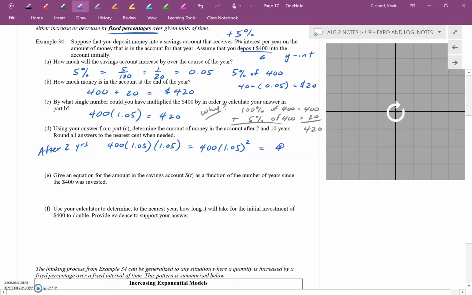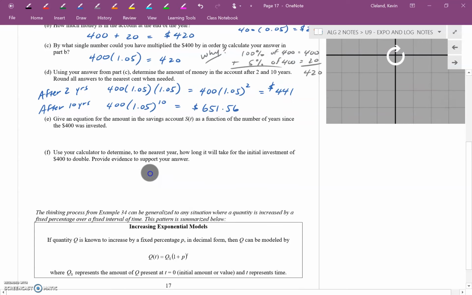So that's going to get us 441. Go ahead and test those out. Make sure that you understand, or you don't just take my word for it that they're equal. But that's the idea there, so that I don't have to write 10 1.05s. And I can just jump right to 1.05 to the 10th, and there will be $651.56 in the account after 10 years.